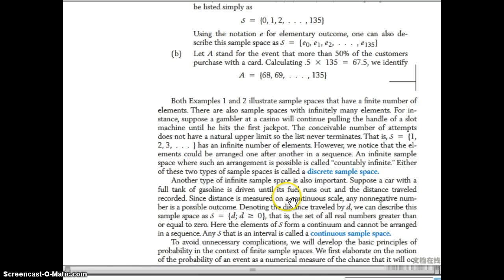Because we don't know how much gas is in the car, if the car does not have any gas in there and cannot drive at all, the distance the car traveled will just be 0. So it will start from 0.